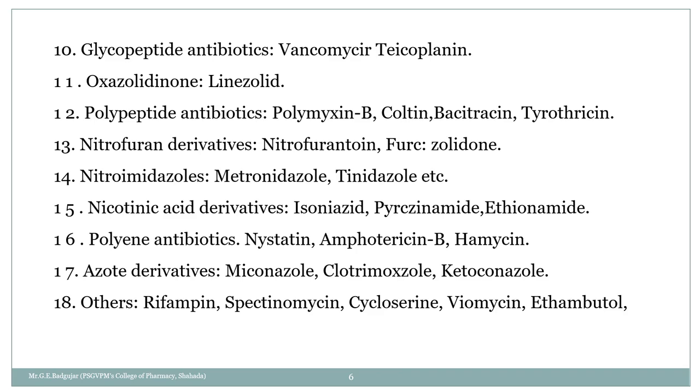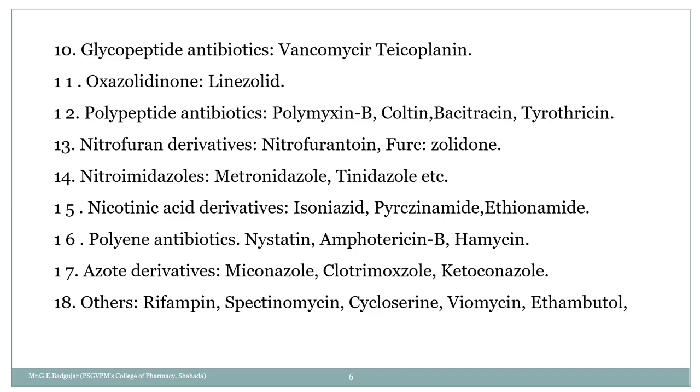Nitrofuran derivatives, nitrofurantoin. Nitroimidazole derivatives like metronidazole, tinidazole. The 15th class is nicotinic acid derivatives like isoniazid, pyrazinamide, polyene antibiotics, amphotericin B. Azole derivatives like miconazole, ketoconazole, and some others include drugs like rifampicin, cycloserine, and so on.